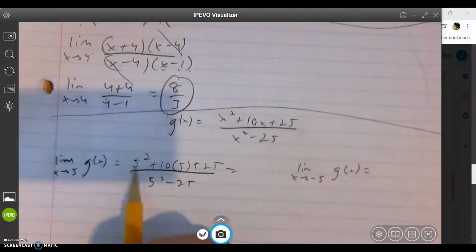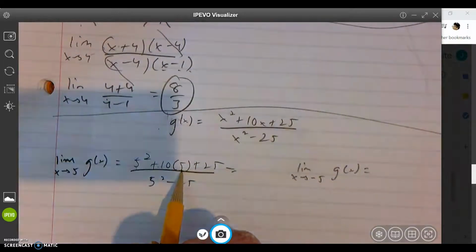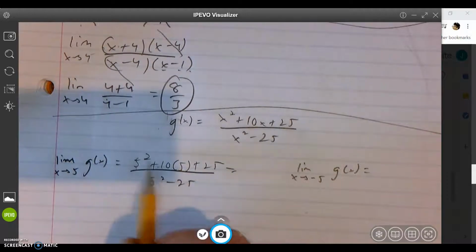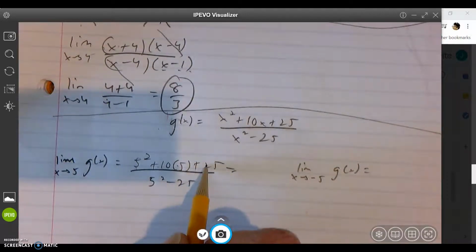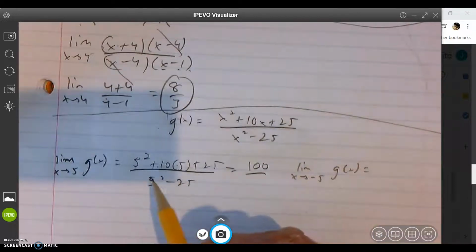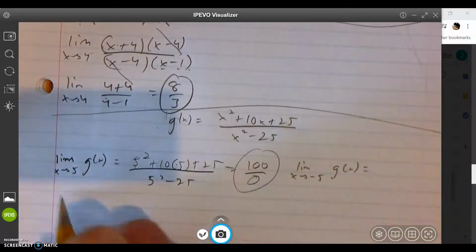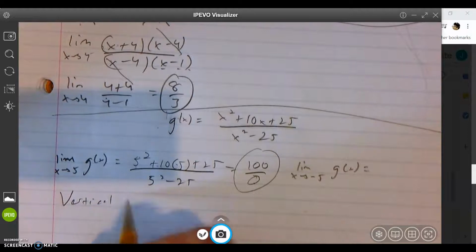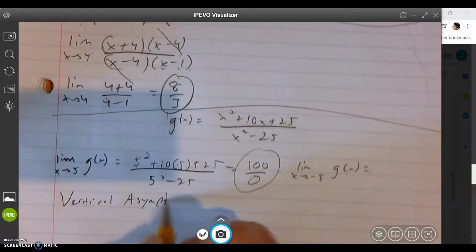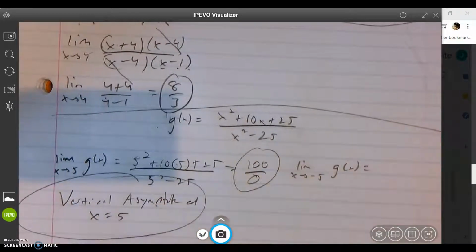All right. 25 plus 50 is 75 plus another 25, that's 100. 5 squared is 25 minus 25 is 0. Uh-oh. Undefined limit. That means we have a vertical asymptote at x equals 5. Cool.